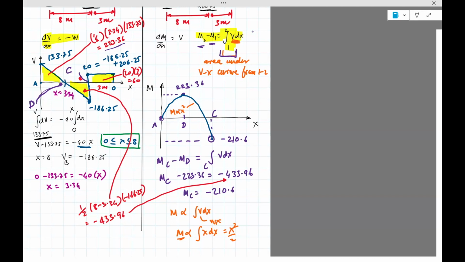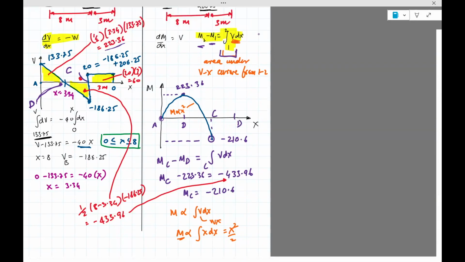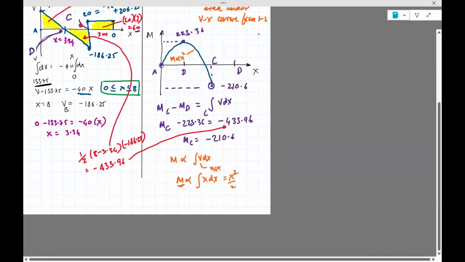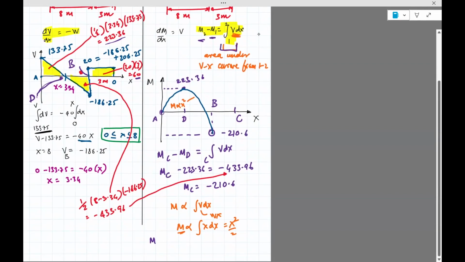Okay, now we have to go from C to D. Again we look at the area under the curve. It's 60. So if you write the equation again, oh my bad, this should be B. This should be C. So I need to make a correction here. This is MB minus MD.